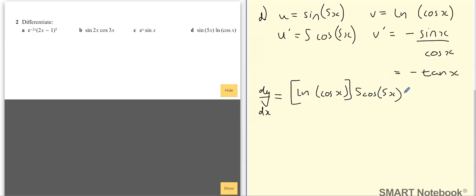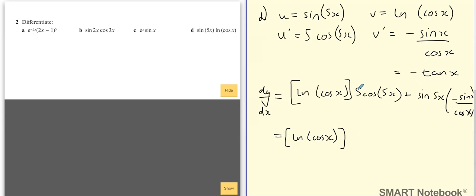And then what do we have? Then we've got plus v, so sine 5x, times by minus sine x over cos x, or you could have had minus tan x. Now the only thing I'd say there, positive times negative is negative, and so I'd write this as ln cos x.